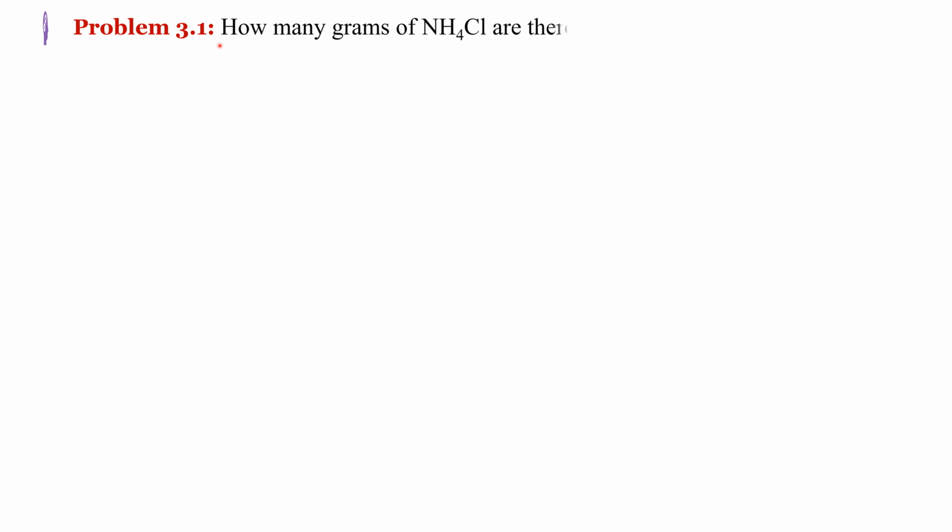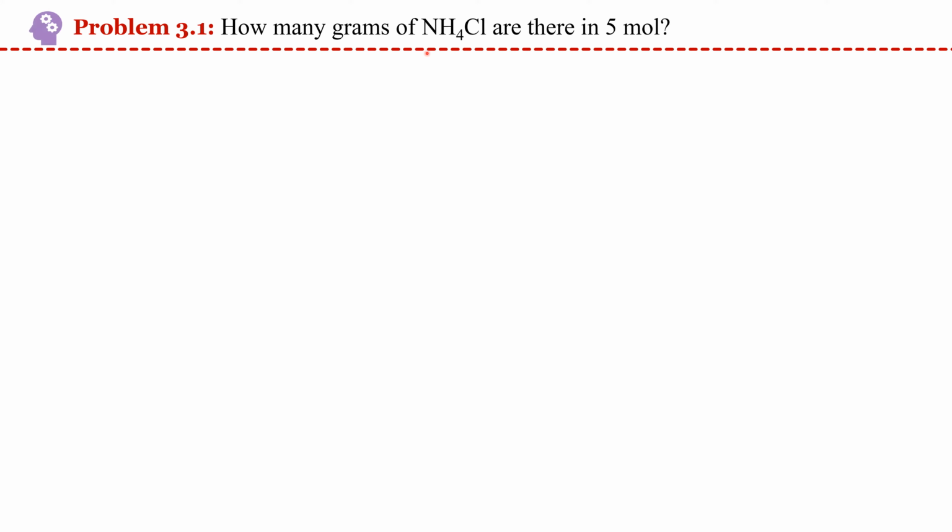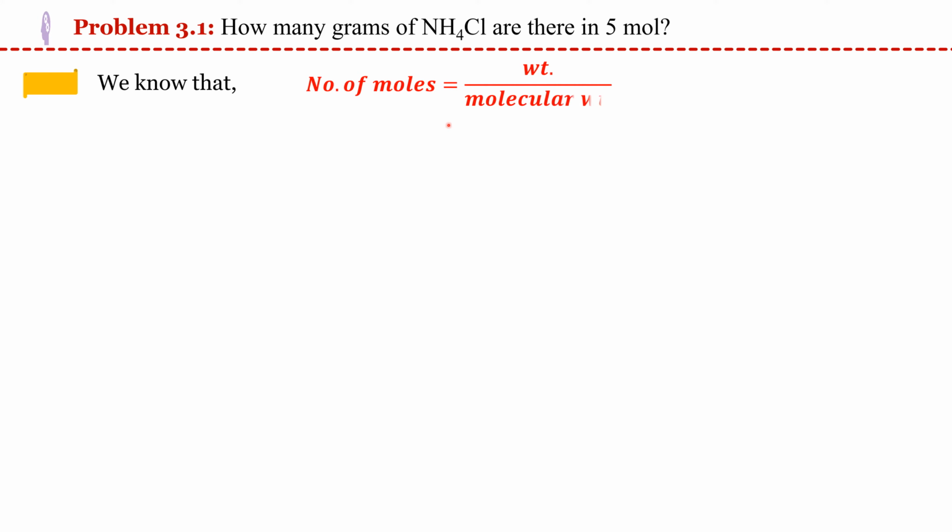Problem number 3.1. How many grams of NH4Cl are there in 5 moles? In this problem, we need to convert these 5 moles into grams. We already know the number of moles is equal to the given weight divided by the molecular weight.